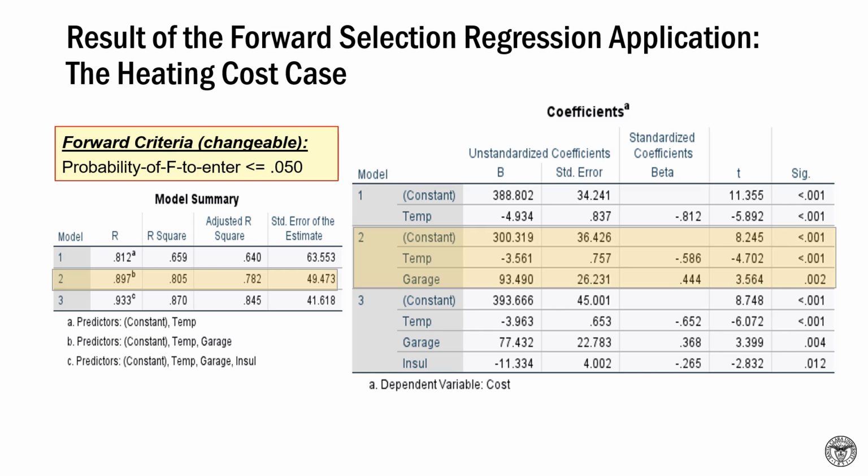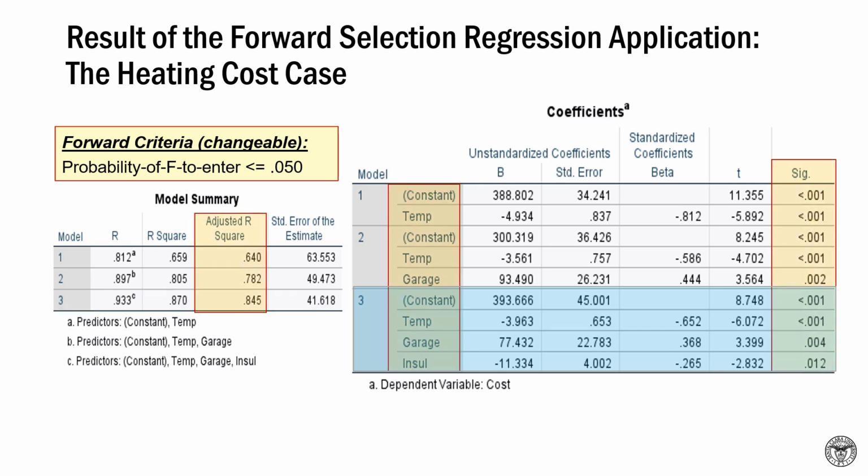Now, the coefficient of determination is 80.46%. Next, the procedure selects insulation and stops. At this point, 86.98% of the variation is explained.